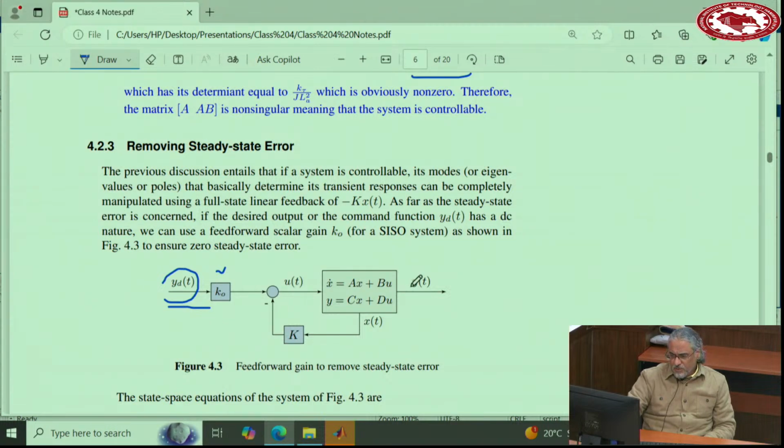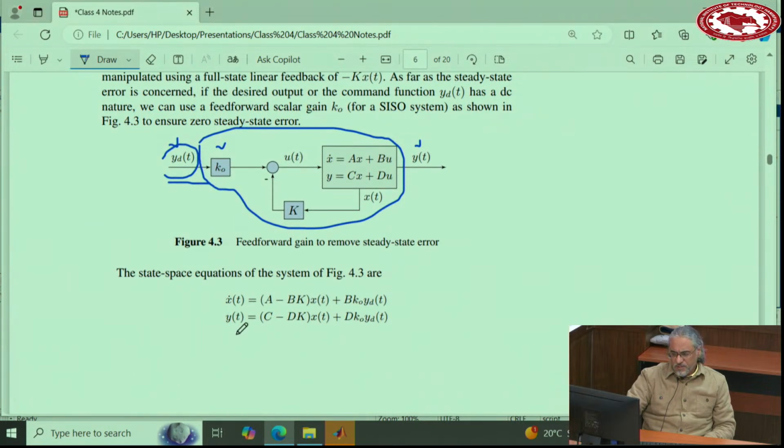And then there is this state feedback, which is internal state feedback, or generalized virtual resistance if you want. Now, if you want the output to be equal to the set point in the steady state, and assuming this is a DC scenario, the desired set point is basically a DC value, not oscillatory like 60 Hz or 50 Hz, it means that you have to choose K0 such that the DC gain of this system from here to here is equal to 1.